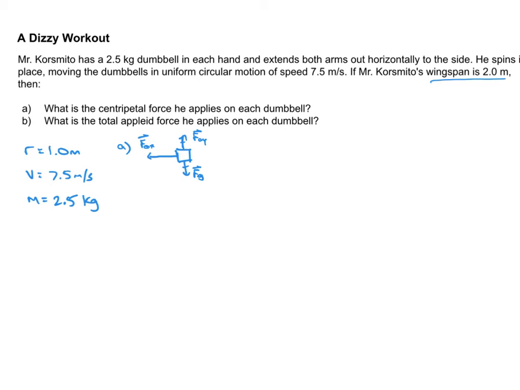That is the net force as well. So the centripetal force, I'll call that FC. That's just the net force. And in this case, it's also just the x component of Mr. Korsmito's applied force.